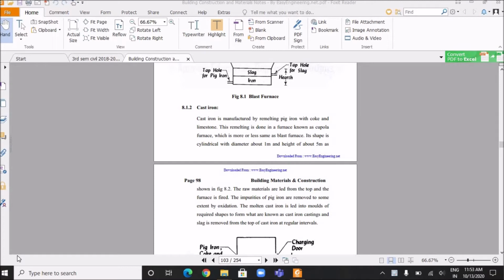The raw materials are lit from the top and the furnace is fired. The impurities of pig iron are removed to some extent by oxidation. The molten cast iron is laid into molds of required shapes to form what we know as cast iron castings, and slag is removed from the top of the cast iron at regular intervals.